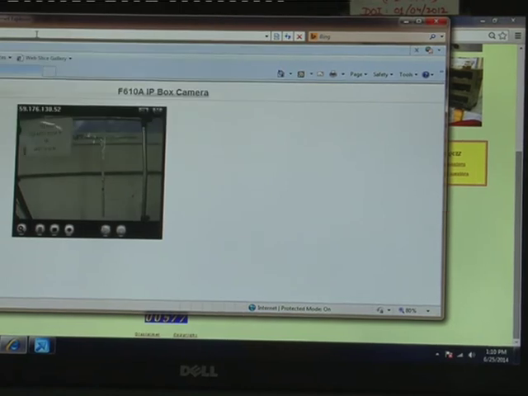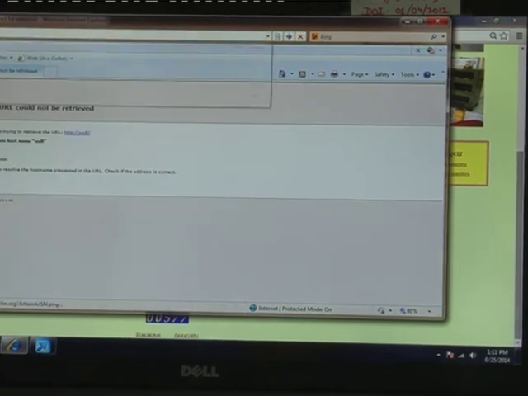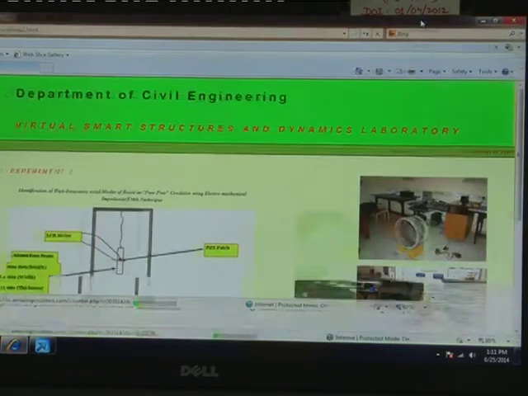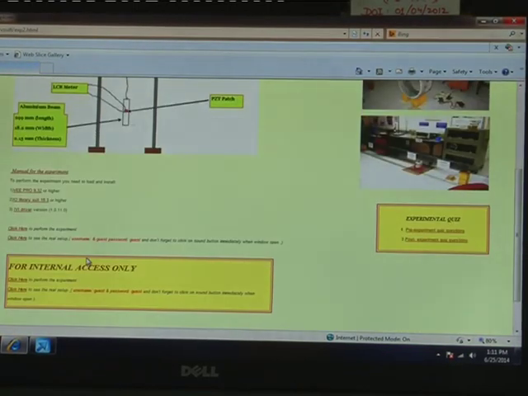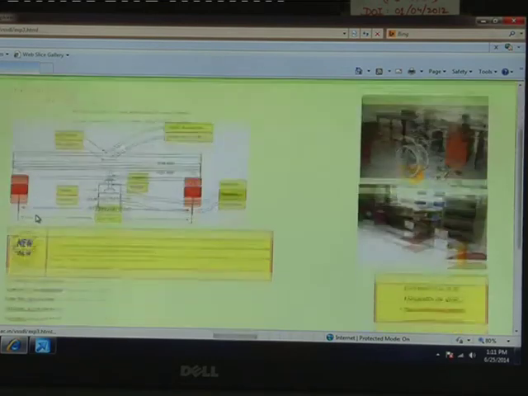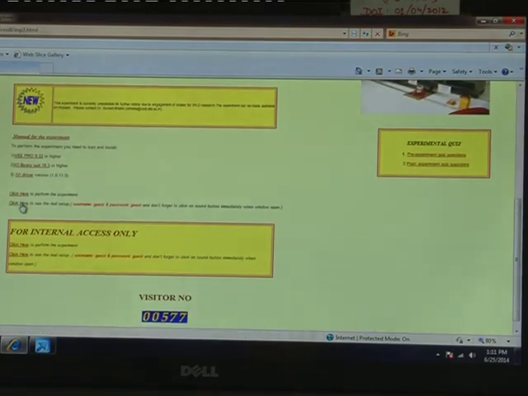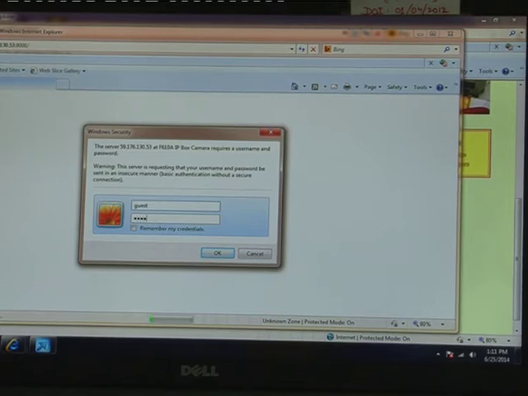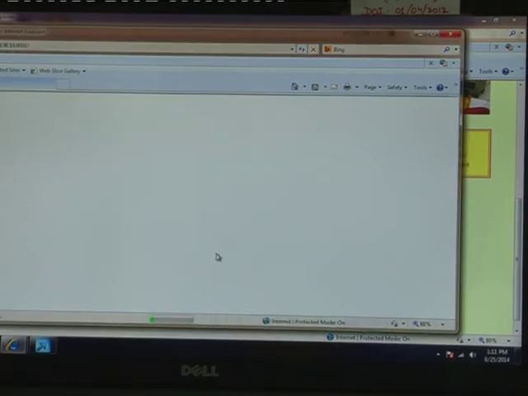we will open the website in Internet Explorer, open experiment number 3, click here to see the experiment, enter guest as username and password, OK.